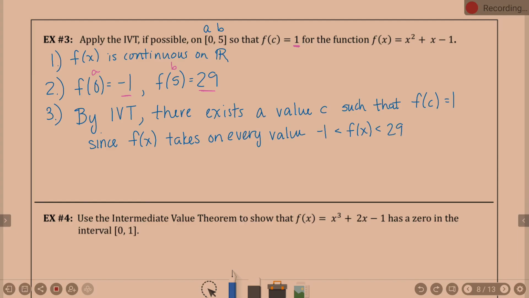So it takes on every value between -1 and 29. And officially, I can say on the interval 0 to 5, 0 less than or equal to x less than or equal to 5.